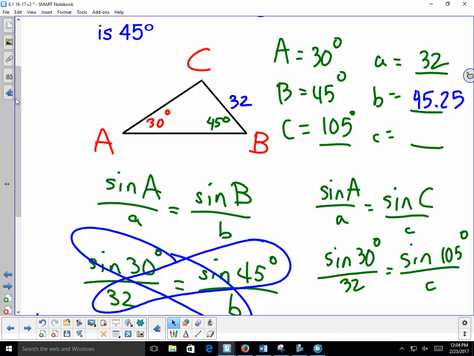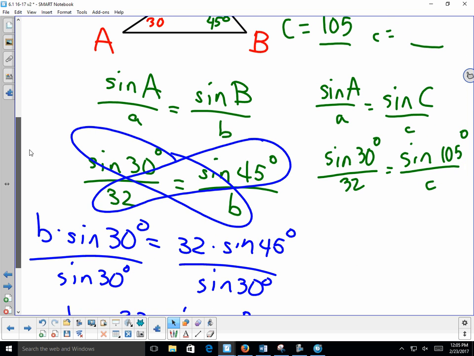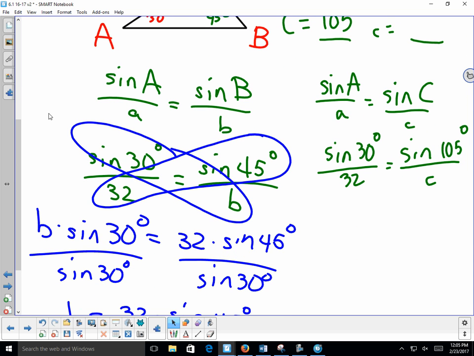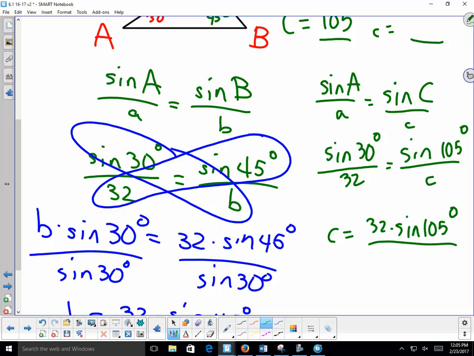Would you do sine of B over B? You could use the side B that you found. I'd probably go back to the given one, but it's up to you. So I think we end up getting C equaling 32 times sine of 105 over sine of 30. Does everybody agree with that?